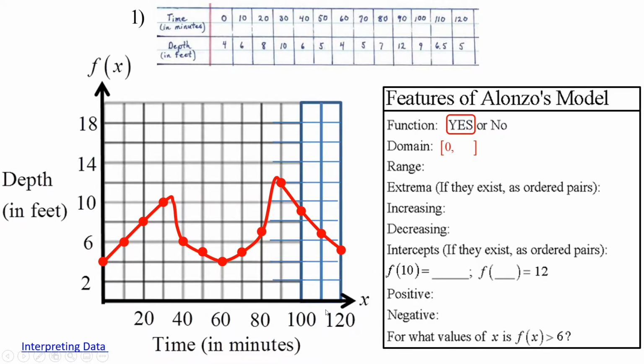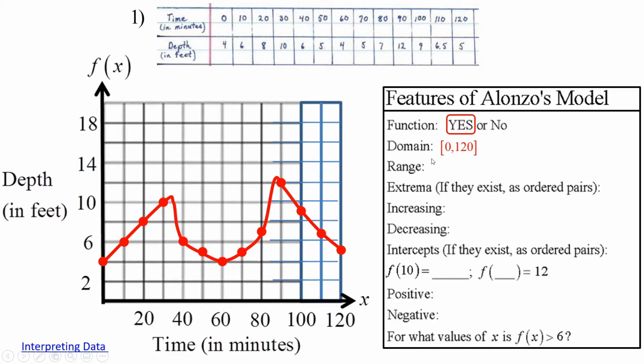And because x can equal 120, do you see that solid dot? I'm going to put 120. And this means that my domain is every x value from 0 to 120, including the endpoints 0 and 120. All right, so domain of a continuous function, we use interval notation just like that.